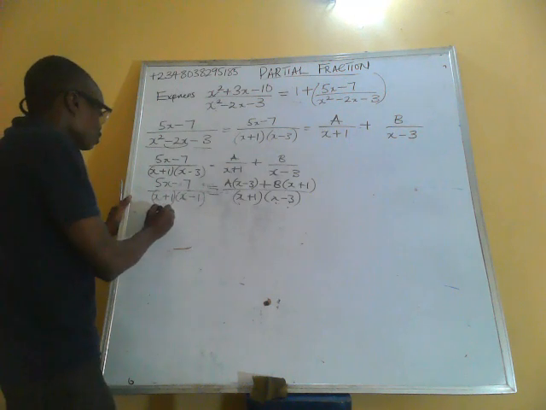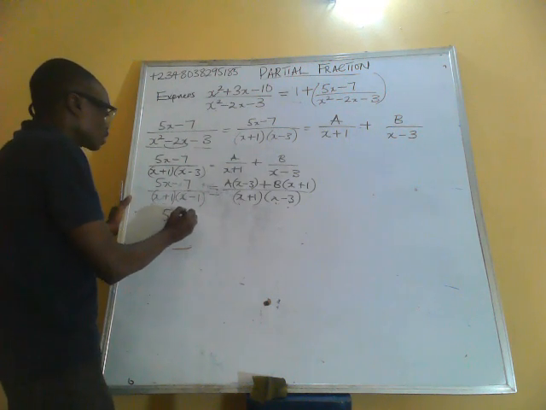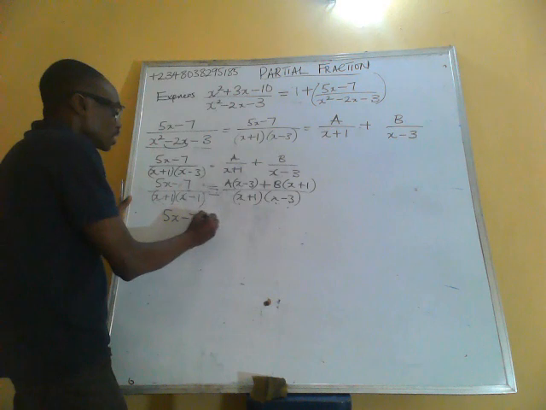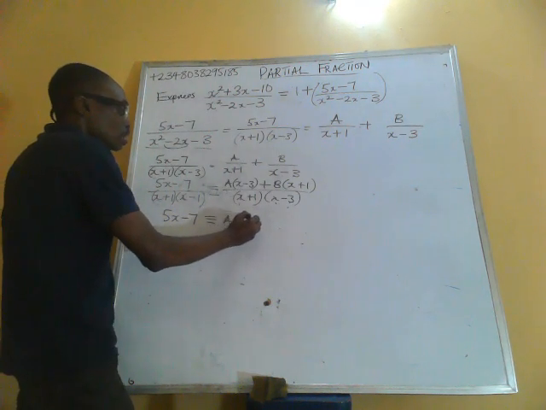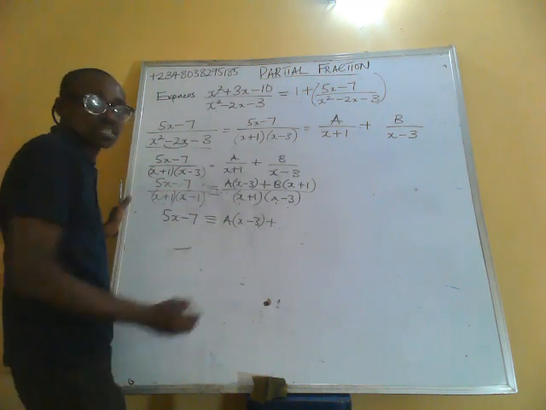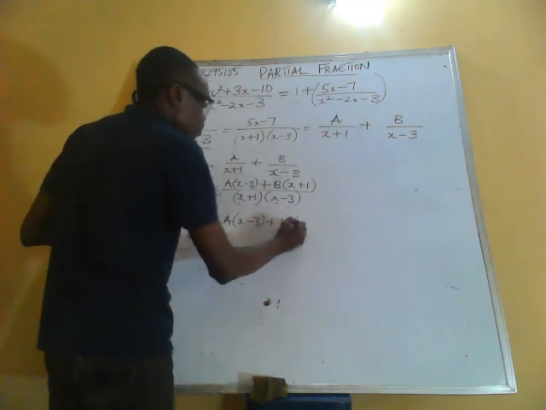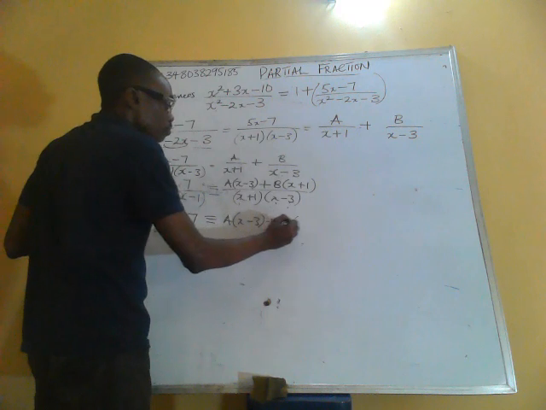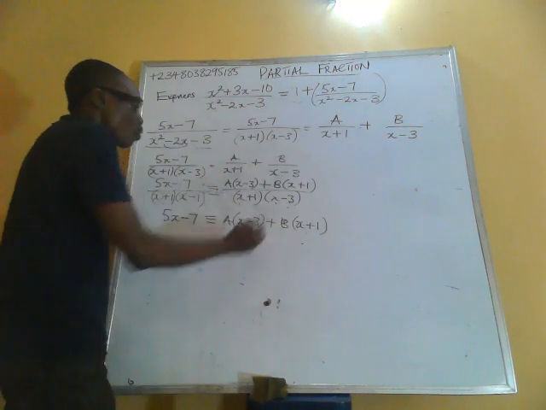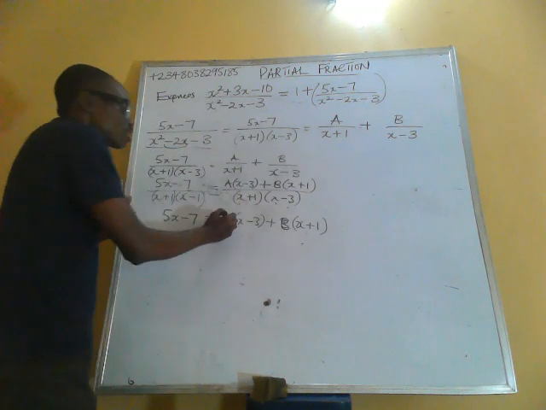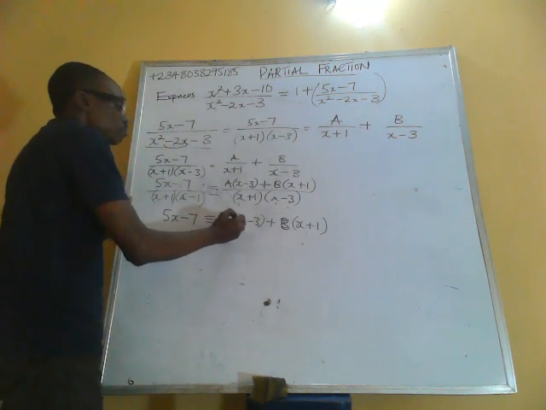So we can say that 5x minus 7 is identical to a(x minus 3) plus b(x plus 1) also in brackets.